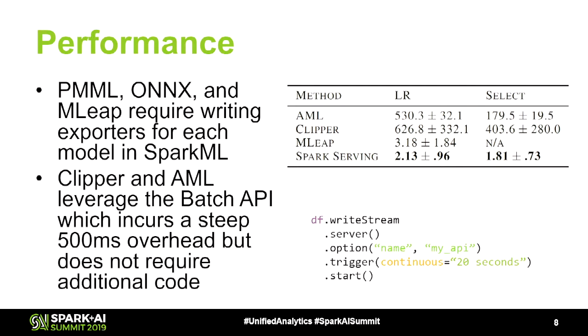And the idea behind trigger continuous 20 seconds is that in Spark's continuous mode, you still want to have fault tolerance, but you don't want to have micro batches per se. You want to just push things through the pipeline as they arrive.